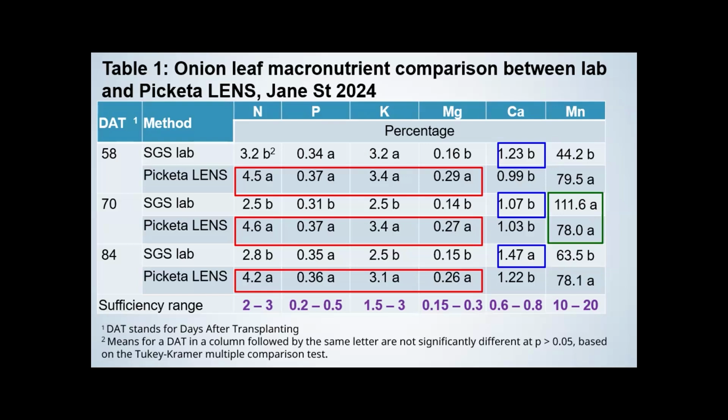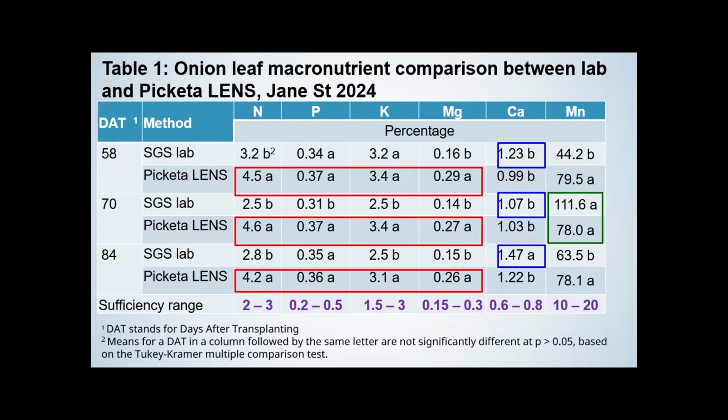So this trend continued also for micronutrients. However, for some nutrients, there was a deviation from the trend, in calcium and sulfur, where the lab results came back higher than that of the Piquetor lens.